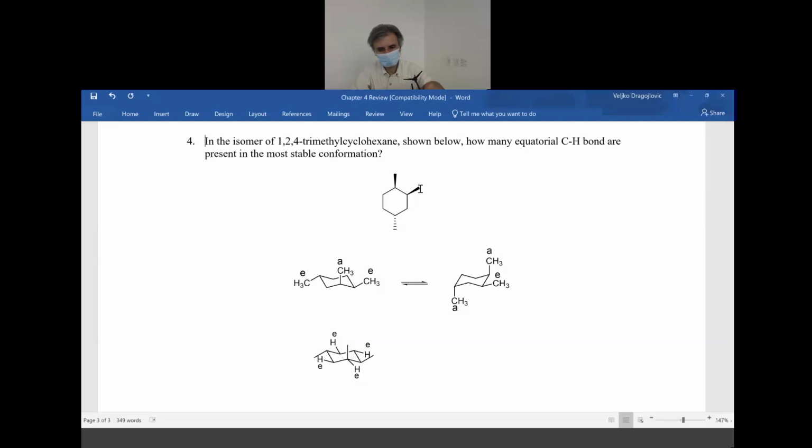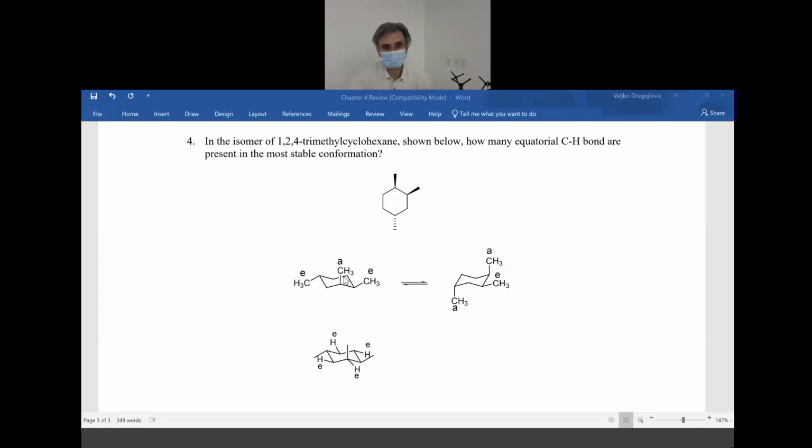Obviously, if you flip it, axial becomes equatorial, equatorial becomes axial. You'll have 2 axial, 1 equatorial. So in the most stable conformation, we will have 2 equatorial and 1 axial substituent.